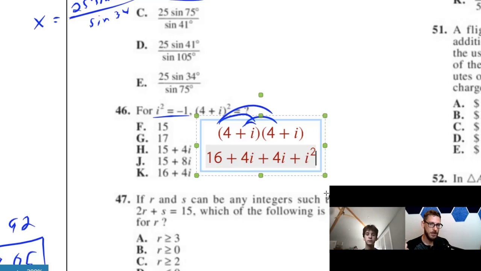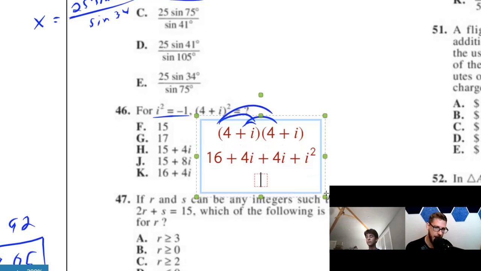Because we know i squared is -1. So whenever you come across an i to any exponent, we're going to simplify it. We'll come back to that in a second, but for now, we can just collect like terms. So we get 16 plus 8i minus 1, because i squared is -1.